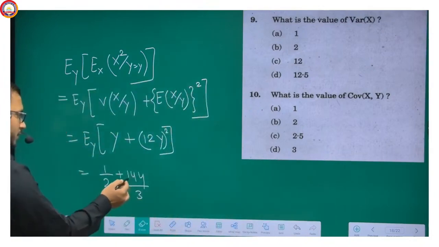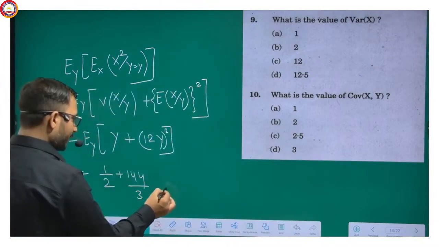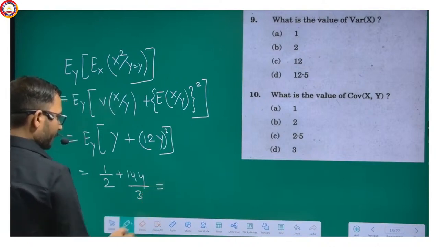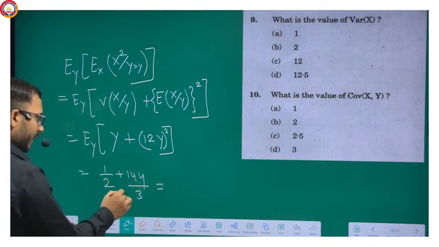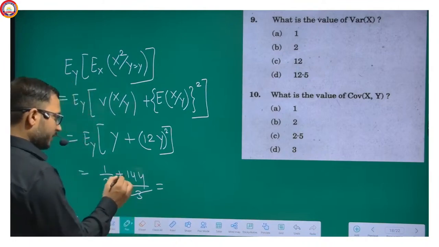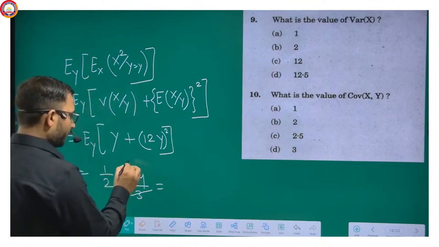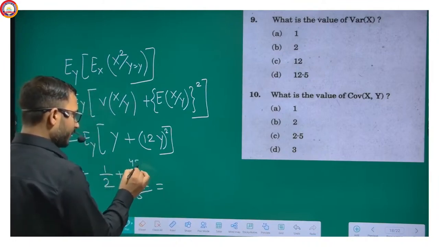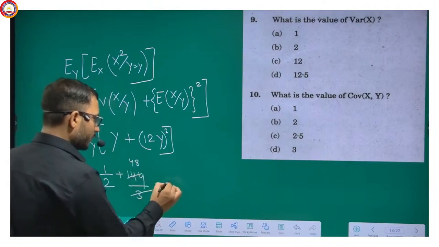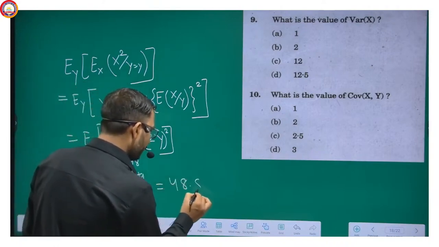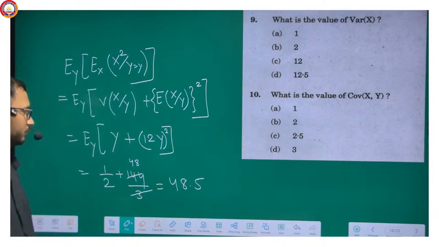So this is 144 by 3 and 1 by 2, so we can obviously do it: 3 fours are 12, and 3 eights are 24. So this is a total of 48.5. 48 plus 0.5, so it is 48.5.